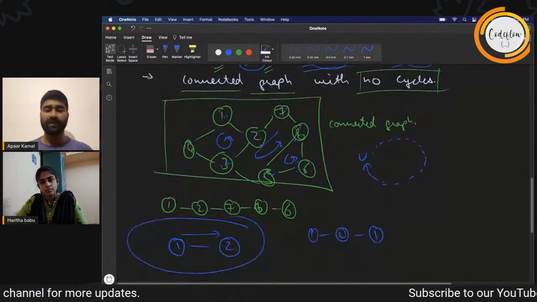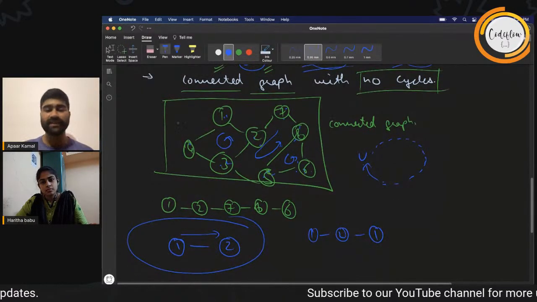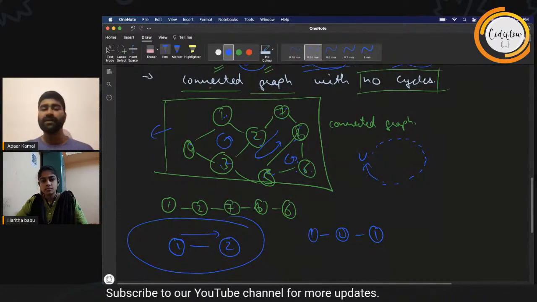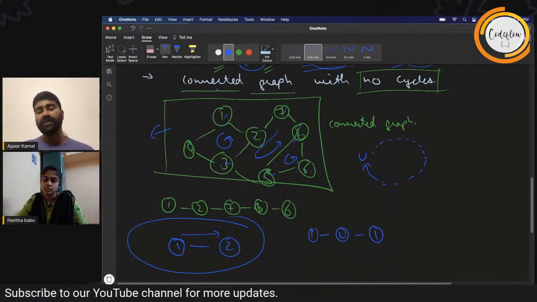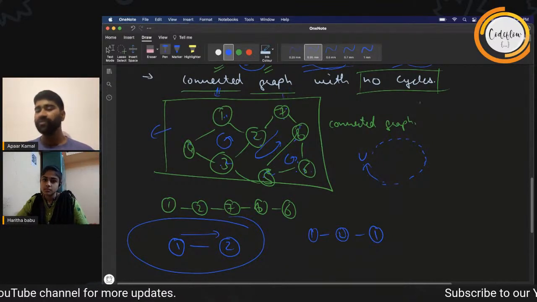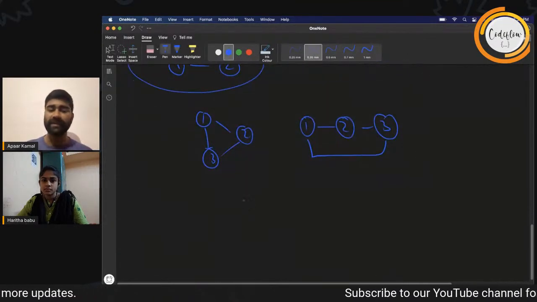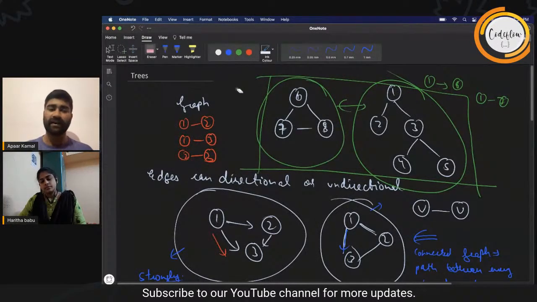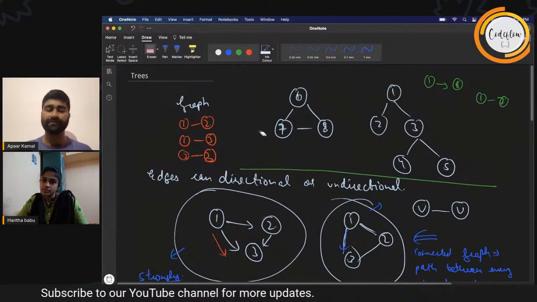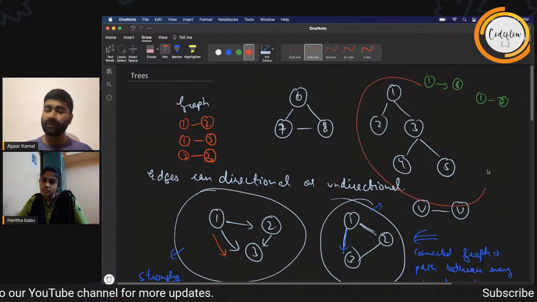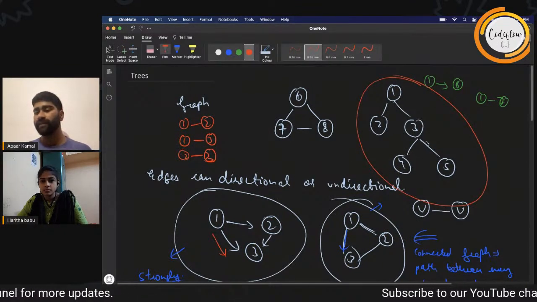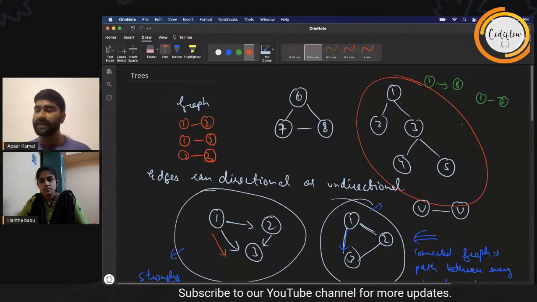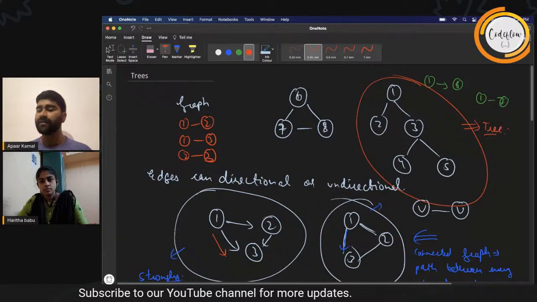Cool. So coming back to the topic, guys. Here we can see that this is not a tree, it's a graph. Why? Because we have cycles. Now what we want is a connected graph with no cycles, right? So let me make some connected graphs with no cycles. If I talk about this graph, 1 2 3 4 5, then we can easily see that it is a tree.